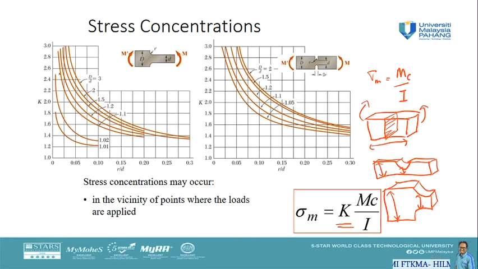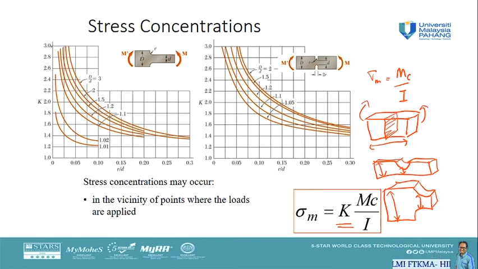Let's take a look at this graph here. For a fillet, we consider the ratio of the radius of the fillet r over the diameter or width of the smaller portion, and also the ratio of the larger width over the smaller width.